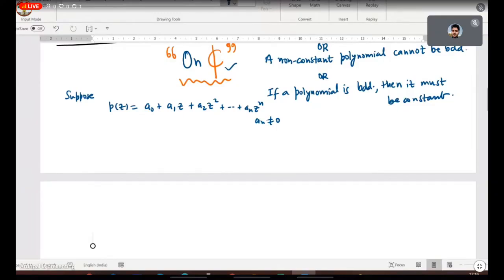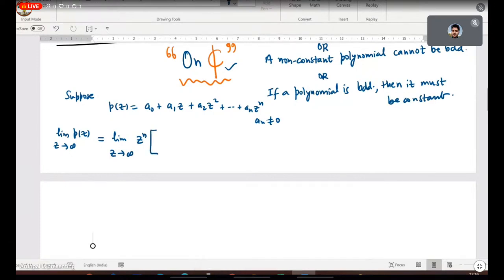So class, you can see that if I take limit z tending to infinity of p(z), this will be equal to limit z tending to infinity of z to the power n common.